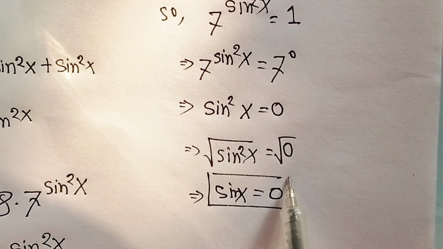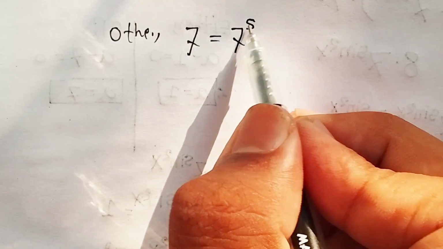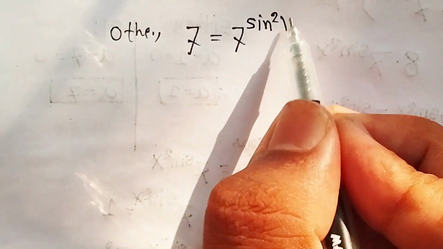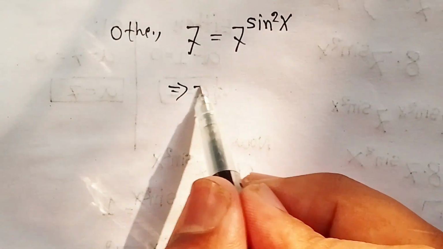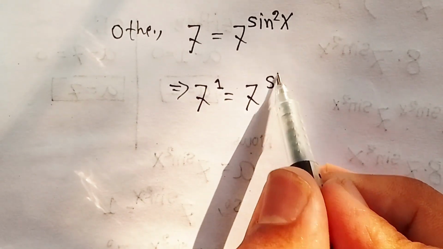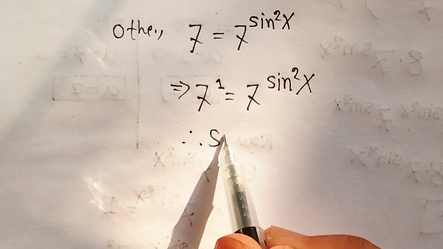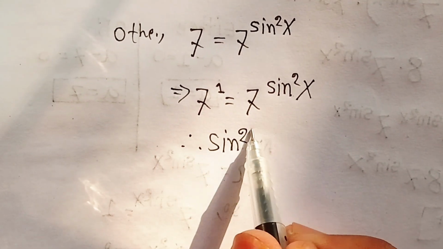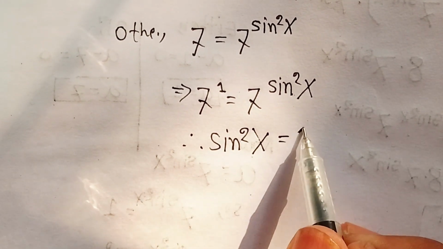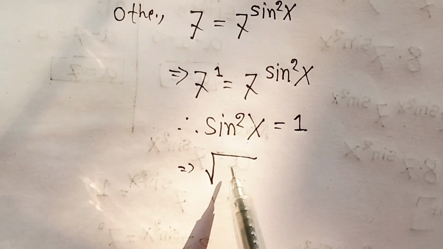Then for the other value, 7^1 is equal to 7^(sin²x). So here we can write sin²x is equal to 1.